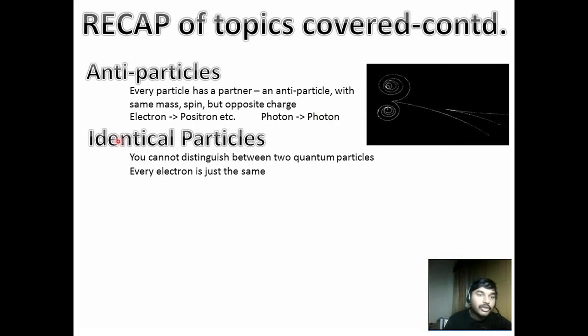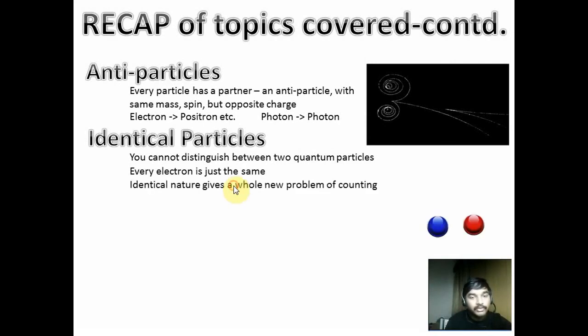We also saw a problem with identical particles, the identity of particles, which basically tells you that two quantum particles cannot be differentiated. Okay, so every electron in the universe is just the same as every other electron. There are no blue electrons or red electrons. So if you have something like this, a blue electron, a red electron, then that is quantum mechanically not allowed.